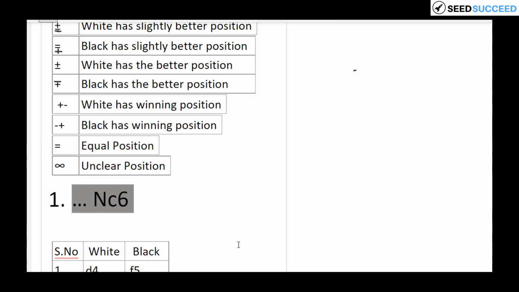If you put these dots and then write the answer, it refers to a move made by black. So please use this notation and try saving and annotating your games. It will be very helpful for you to go back through your games, analyze them and rectify your mistakes. Thank you.